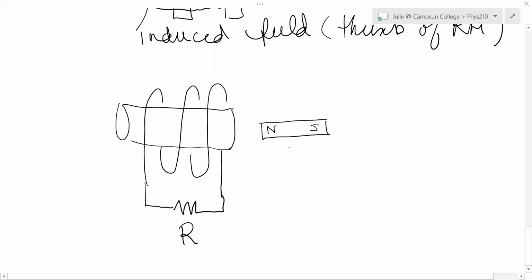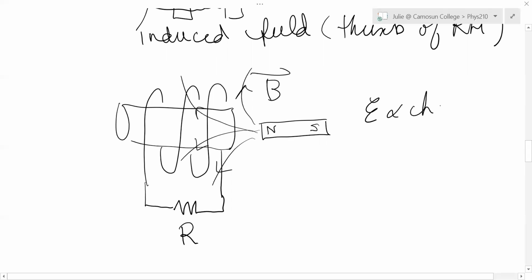Now if you just put the magnet there, nothing's going to happen. You have to move the magnet, because remember, out of this magnet are coming magnetic field lines like this, B. So when it's stationary, there is no change in flux. Remember, the EMF is proportional to a change in flux. You have to change the magnetic flux in the loop, or you're not going to get anything happening. So a stationary magnet here, nothing's going to happen.